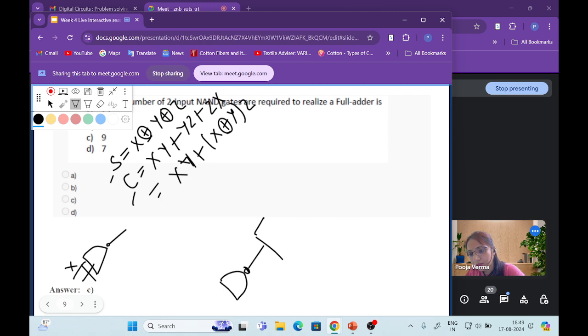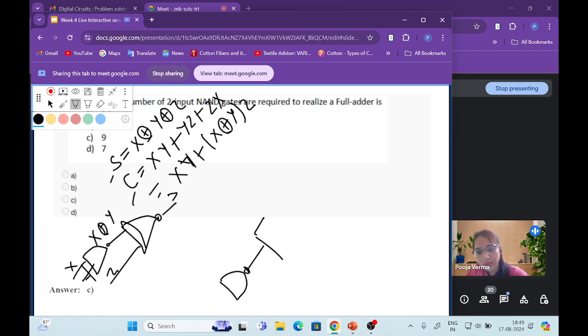Here x and y, and then giving to the next XOR gate, and this one is z. So x XOR y, and here we will get x XOR y XOR z, that is the sum. And for carry we require an AND gate and an OR gate to represent the carry. So already we know that.